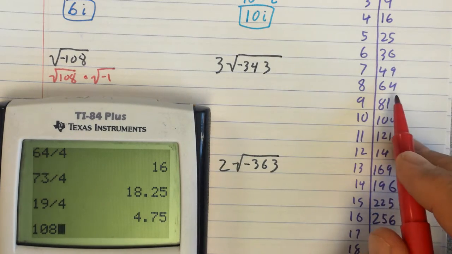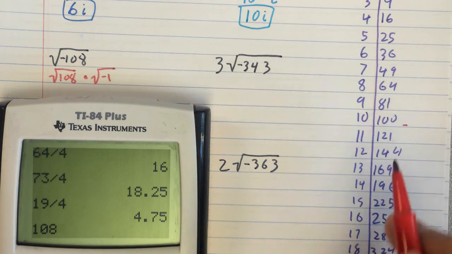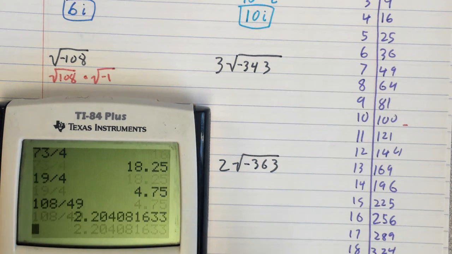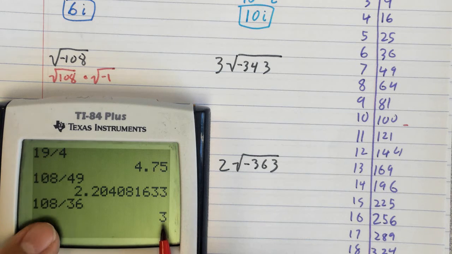Let's start about halfway. Let's try 64. That doesn't work. What's next? 49. That does not work. 108 divided by 36. There we go. That's it.